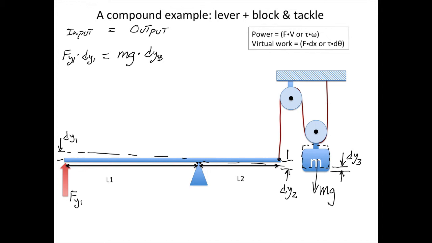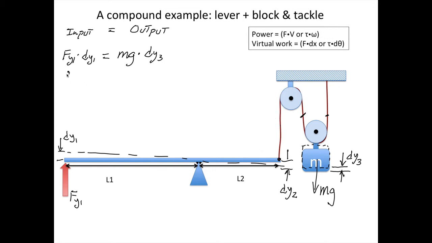And the thing is that with a machine like this, you can often just do it by inspection. So what do we know? We know that if the weight goes up a little bit, in order to get the weight to rise, say 1 inch, we actually have to take up 2 inches worth of rope, because there's rope on this side and also on this side. And that's what we're pulling on with the lever.